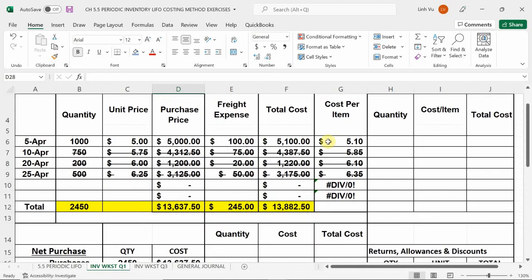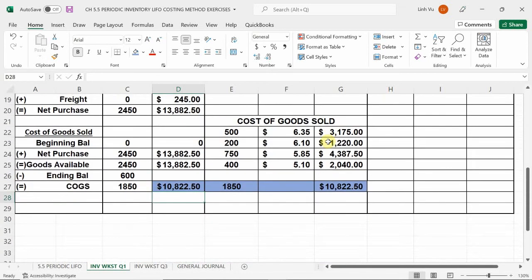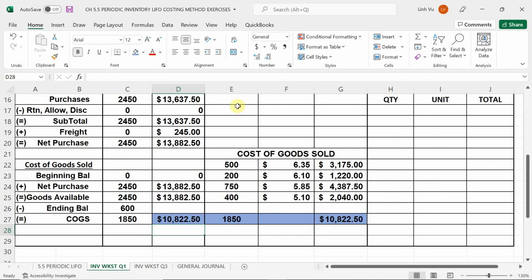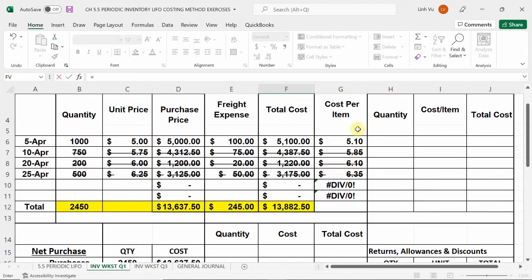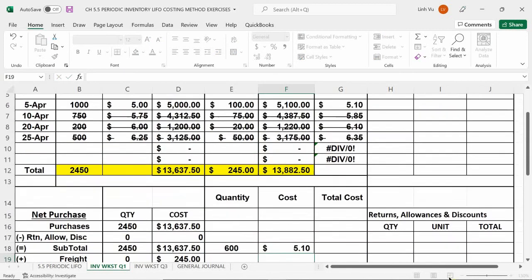Because I could say this: I have 600 units left, and if it's going to cost me $5.10, then my ending balance is going to be my 600 times that $5.10, right?